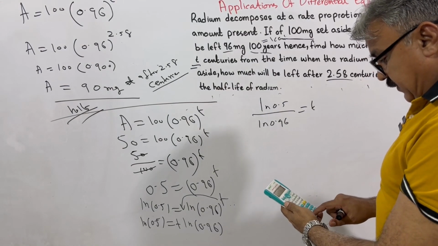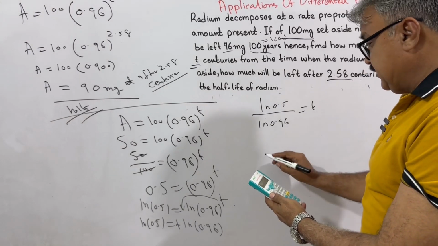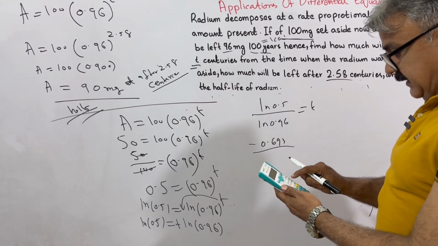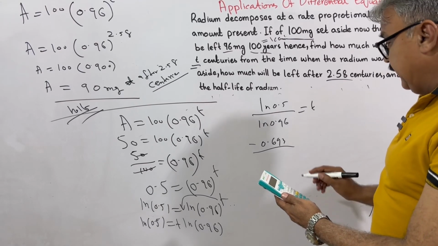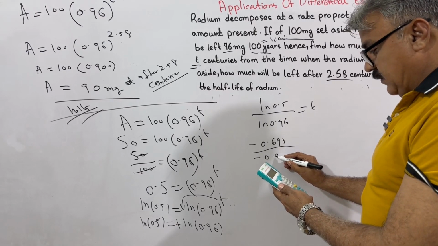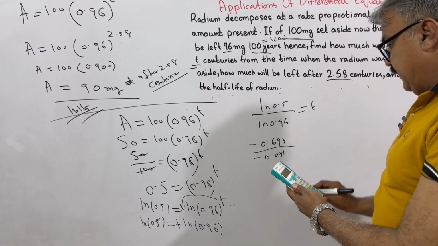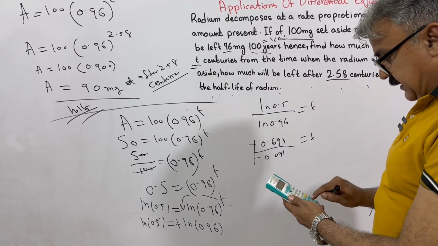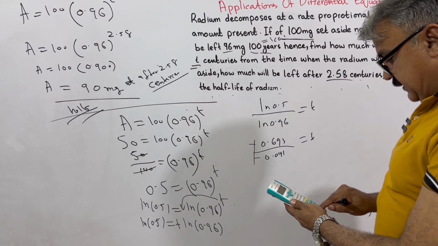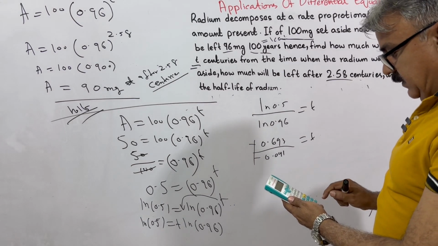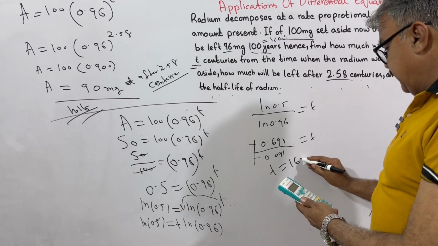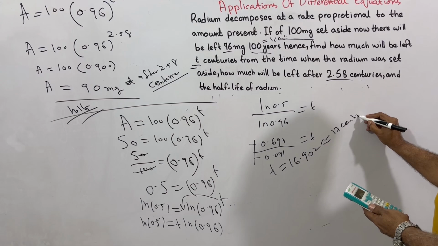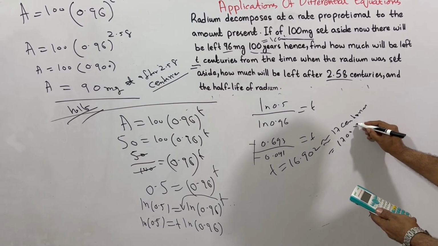Ln 0.5 is equal to negative 0.693, and ln 0.96 is equal to negative 0.041. The minus cancels out, so 0.693 divided by 0.041 gives t equal to 16.902, almost 17 centuries, which is 1700 years.